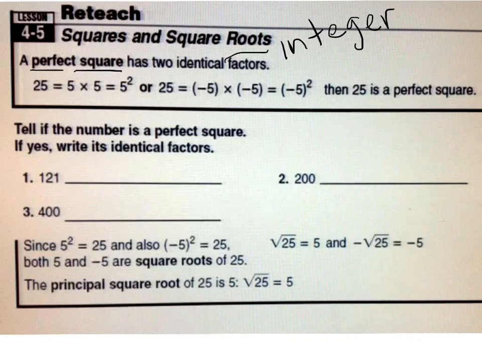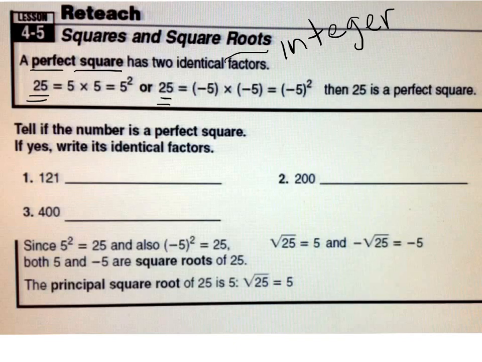So 25 is considered a perfect square because 25 has factors of 5 times 5, two identical factors of 5. Or also, 25 has the factors negative 5 times negative 5. That also equals 25. So 25 is considered a perfect square.